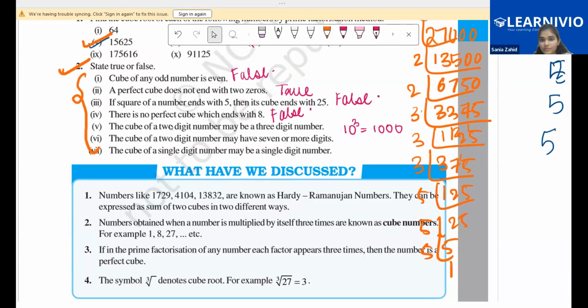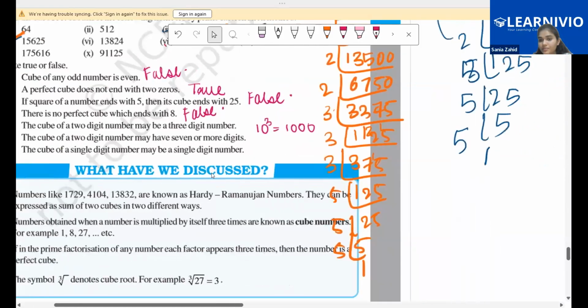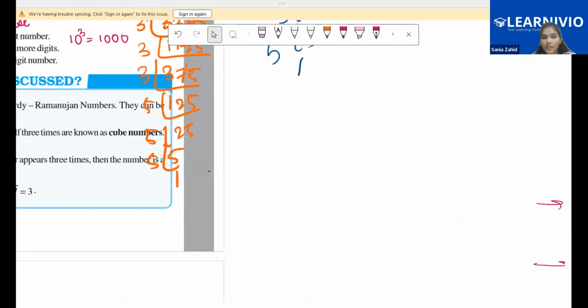Yes, ma'am. True. Why? What is the largest two-digit number? 99. Okay, we have 99 as the largest. And what is the cube of 99?